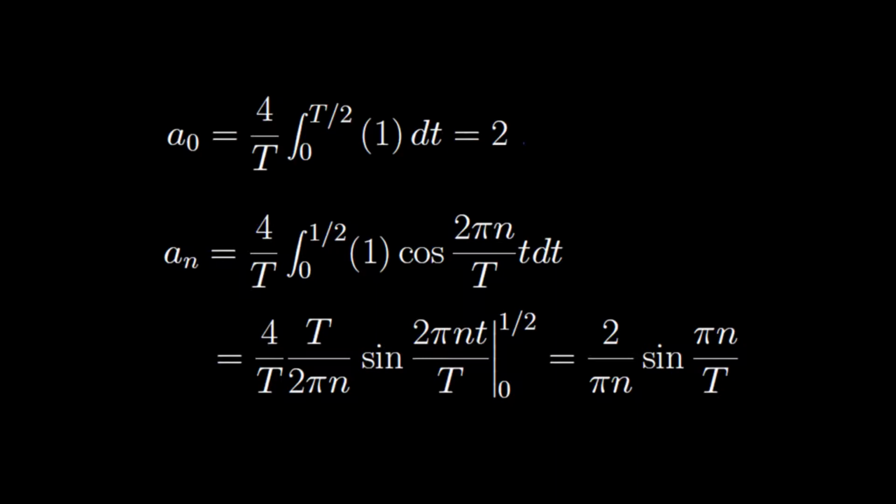Therefore, the upper limit becomes t equals positive 1 over 2. The square wave function is equal to unity, u(t) equals 1, between the limits t equals 0 and t equals 1 over 2. In this example, uppercase T equals 2, which gives the term an equals sine pi n over 2.